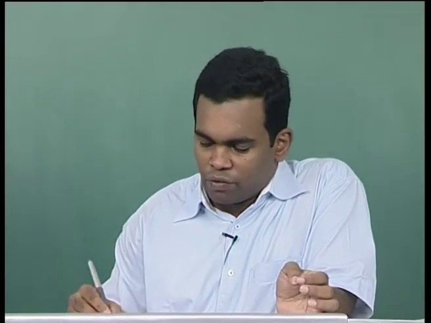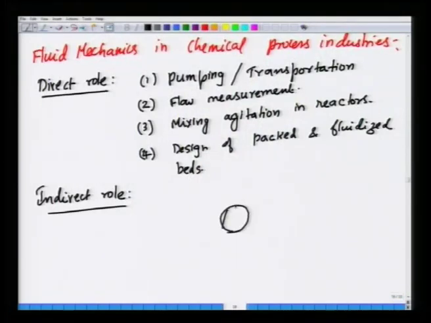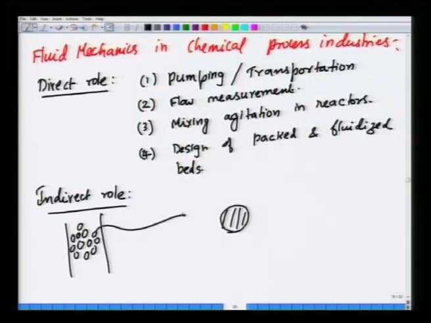For example, we saw in the last lecture a catalyst particle in a packed bed reactor. If you take an individual catalyst particle, you have fluid flow around it like this. The role of fluid flow is to bring the reactant from this point close to the surface so that reaction can take place.